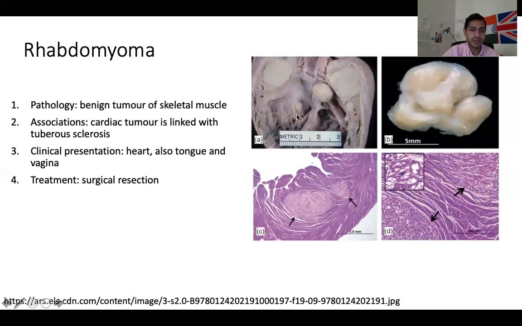If it's in the right ventricle, for example, or the right atrium, it could affect the pulmonary, the blood flow going to the lungs, and I suppose if it's on the left side, then it could potentially impact your arterial supply and the systemic circulation. As a result, treatment is always surgical.